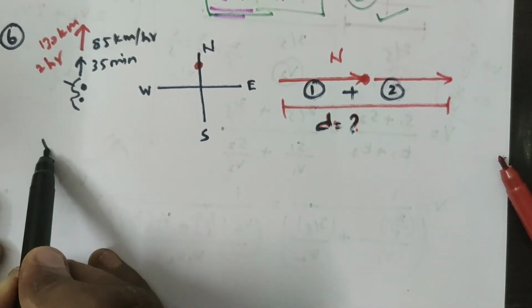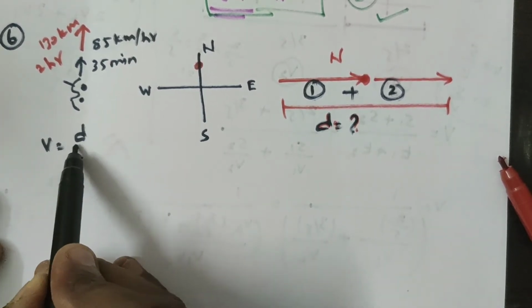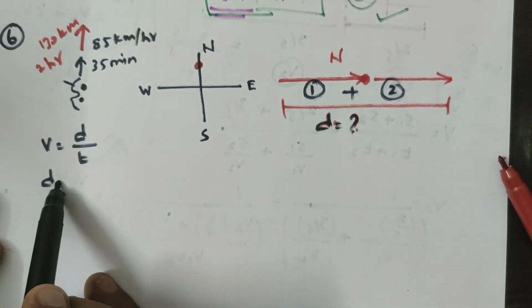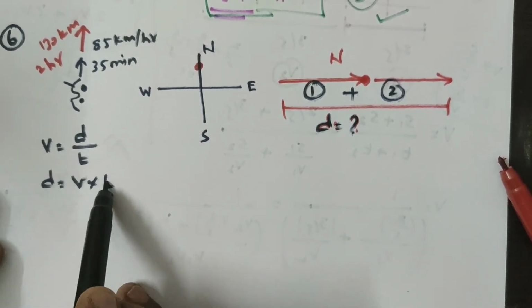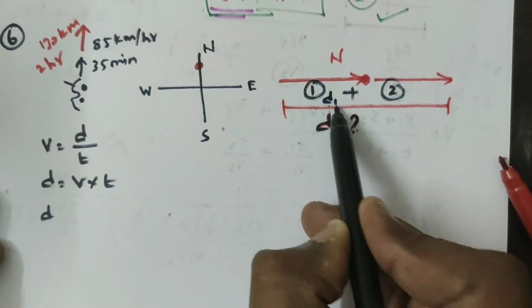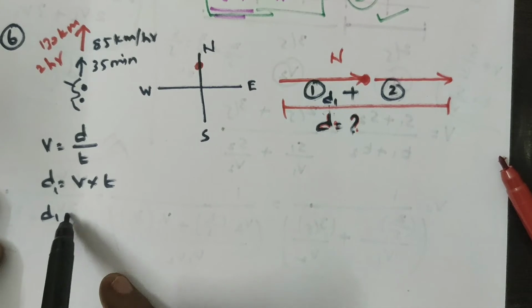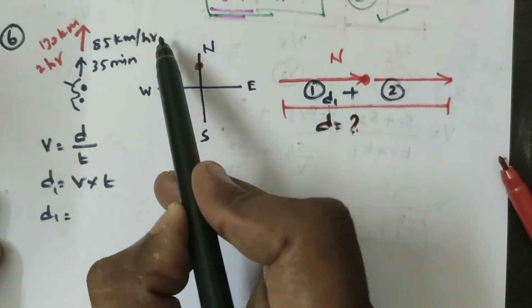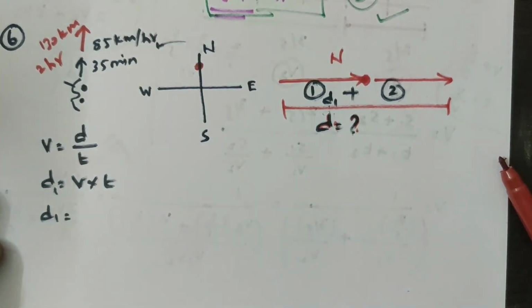You know velocity equals displacement divided by time, so displacement equals velocity into time. This is displacement 1, d1. So d1 equals velocity 1, that is 85 km per hour.